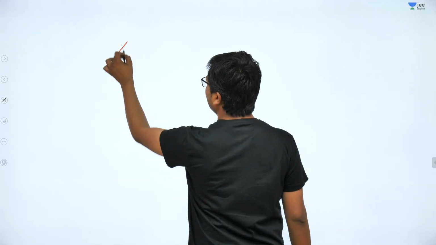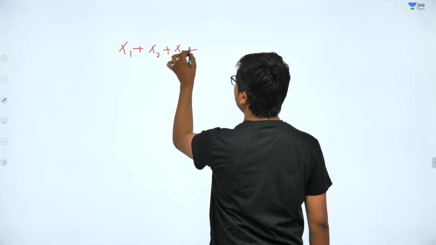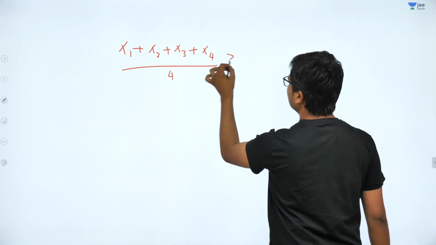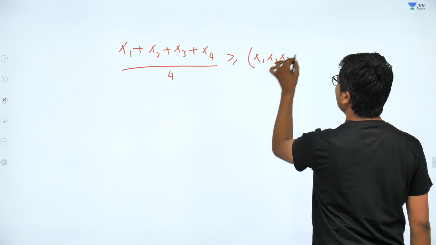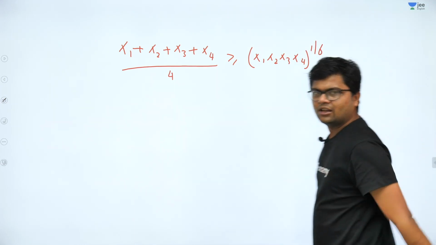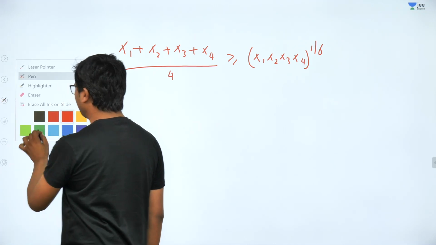So if you write (x1 plus x2 plus x3 plus x4) divided by 4 is greater than or equal to the 4th root of x1 x2 x3 x4, this is the condition of AM greater than or equal to GM. Got my point now?